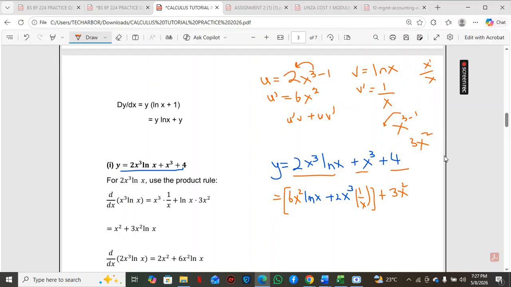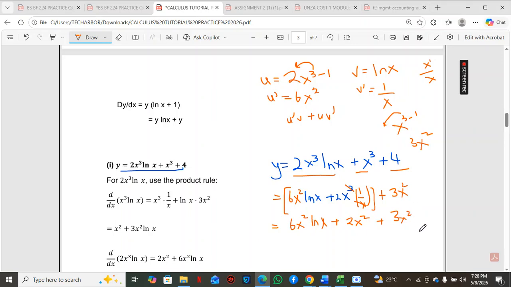So this answer can be simplified further to this: 6x squared natural log of x, plus this x, we cancel it out, so here we remain with 2x squared, plus 3x squared.